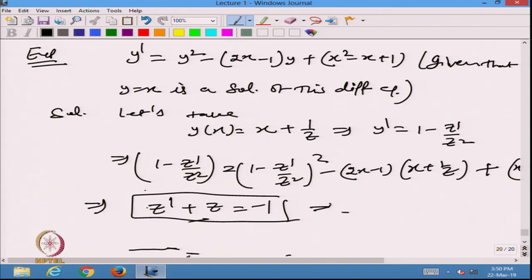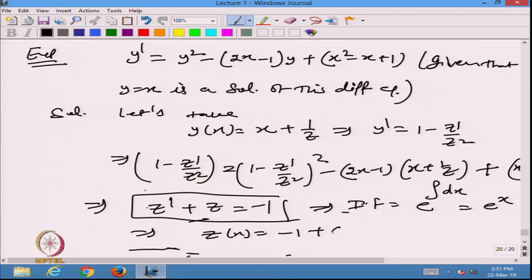From here my integrating factor is e raised to the integral of dx, so that will be e^x. So, z is a function of x, and it will become −1 + c e^(−x). That is the solution of this equation.